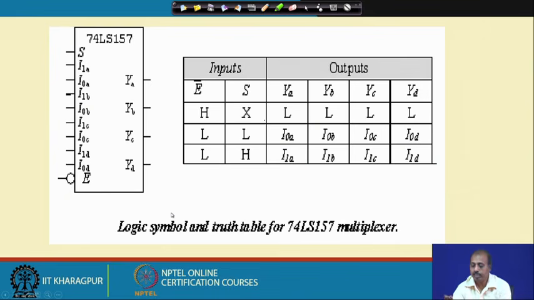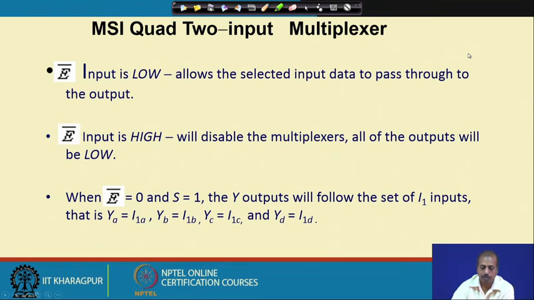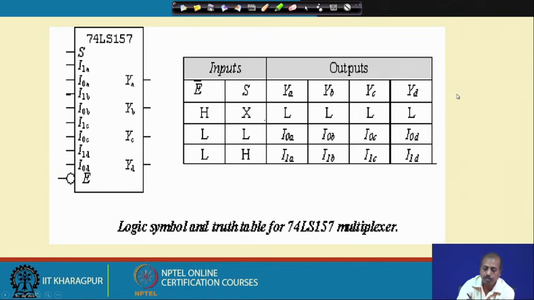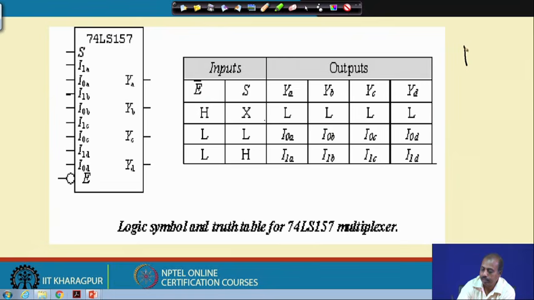Essentially the structure is something like this. I have 4 multiplexers connected like this. The first multiplexer has I0A and I1A. The second multiplexer has I0B and I1B.